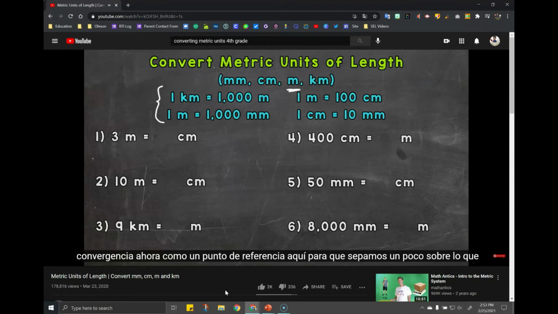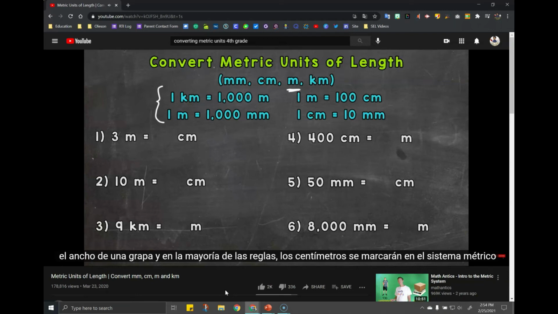Now, as a point of reference, so we know a little bit about what these units of length mean and represent, a millimeter is about the thickness of a paperclip. So it's a very small unit of length. Not how long that paperclip is, but how thick it is. A centimeter is about how wide the average pinky is, or how wide a staple is.